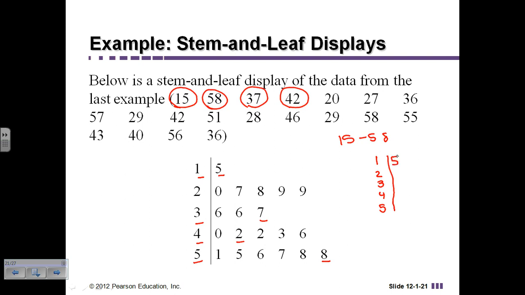So you take the 15 and put it here, you put the 8 here, the 7 here, you took the 42 and put it here, and then ideally what you should do in the end is take the leaves and put them in numerical order. And that helps you to do some more analysis on this that we're going to look at some more. So this is what we call a stem and leaf plot, or a stem and leaf display is the term they're using.